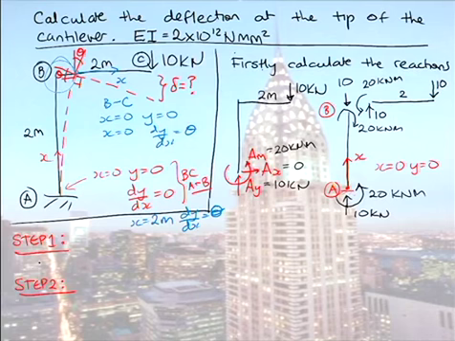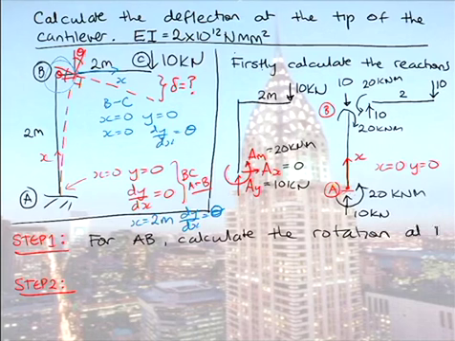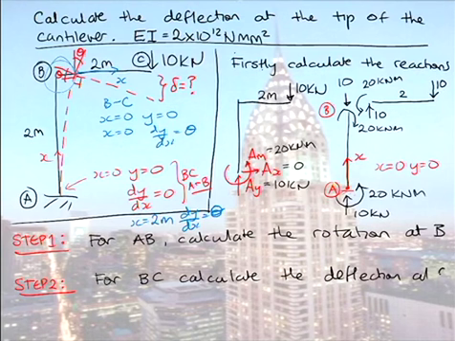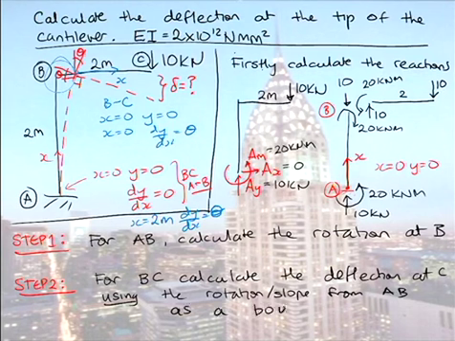So step 1, for AB, we are going to calculate the rotation at B. Then step 2, for our section BC, we're going to calculate the deflection at C using the rotation or the slope from AB as a boundary condition.